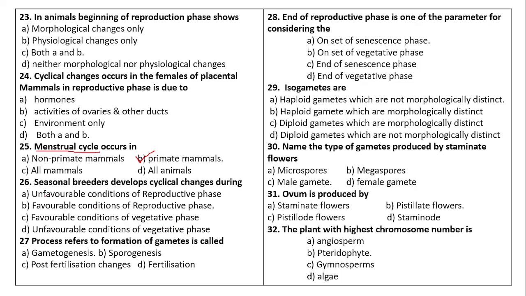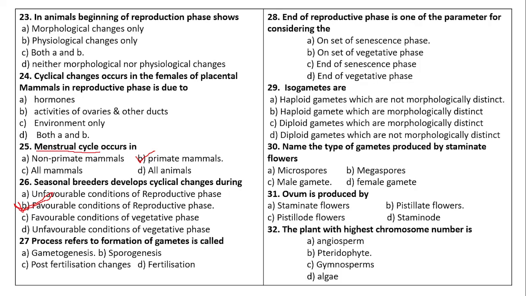Seasonal breeders develop cyclical changes. Actually, in seasonal breeders, the reproductive cycle takes place in the favorable conditions only, not in the unfavorable condition.